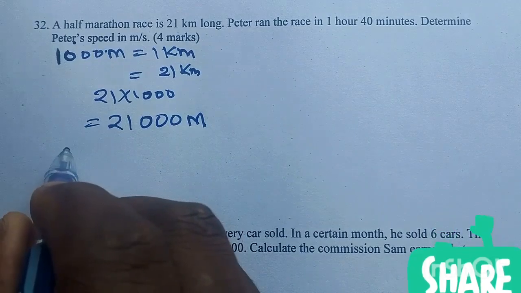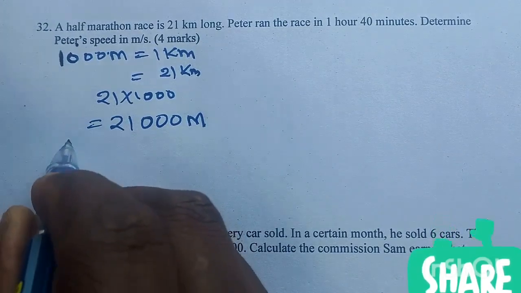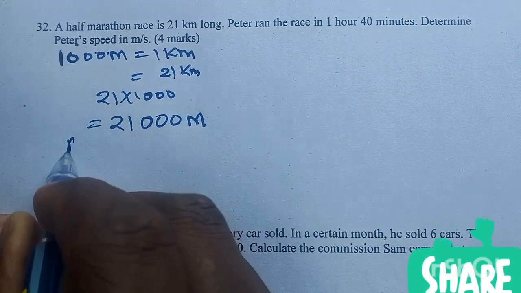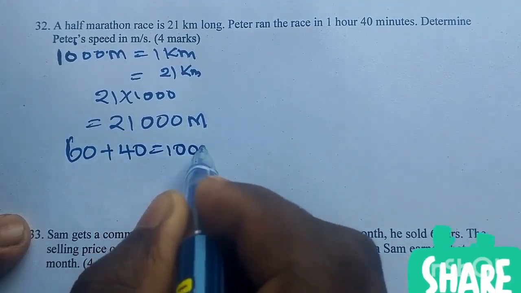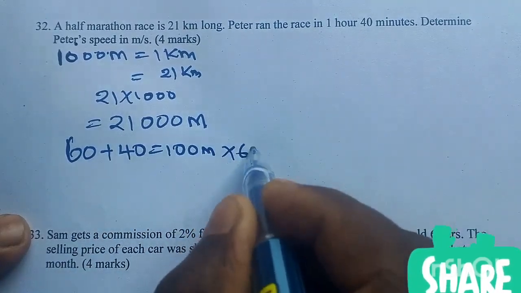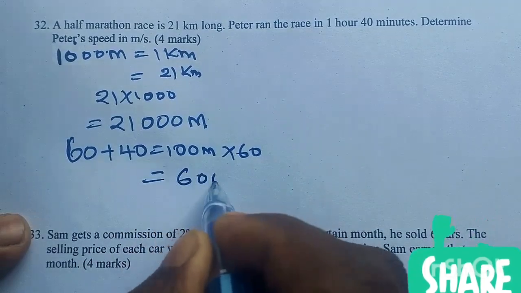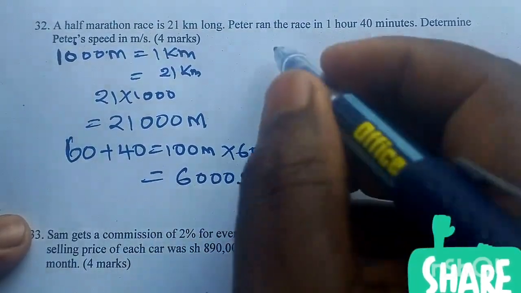Let's change time to seconds. 1 hour, which is 60 minutes, plus 40, that is 100 minutes, times 60 seconds, that is 6,000 seconds.